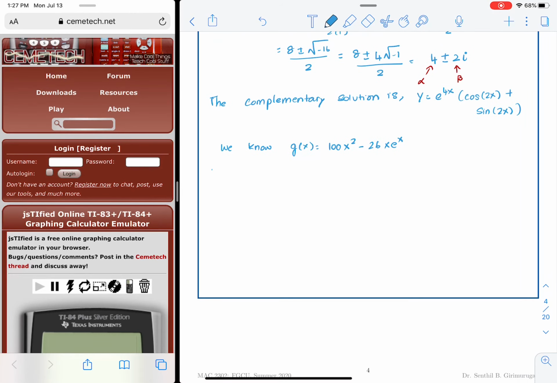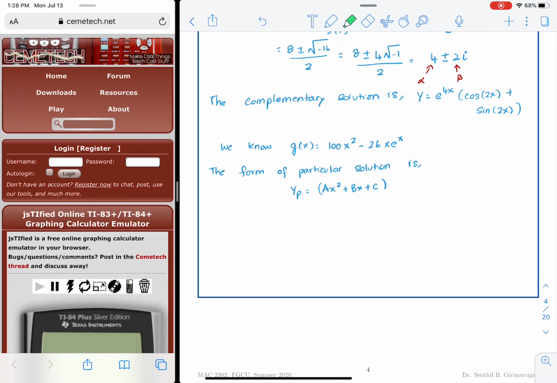So the form of particular solution is yp equal to ax squared plus bx plus c, because I see an x squared term, dx plus e.